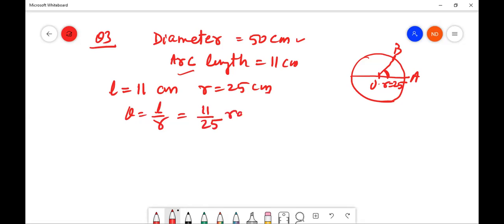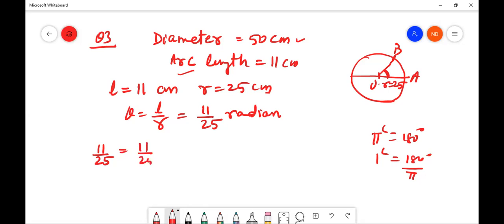When you apply this formula, theta equals L by r, it is measured in radians. You want degree measure, so read the question carefully. So 11 by 25 radian, how much in degrees? Pi radian equals 180 degrees, right? So 1 radian is 180 by pi degrees. So you have 11 by 25 into 180 by pi.